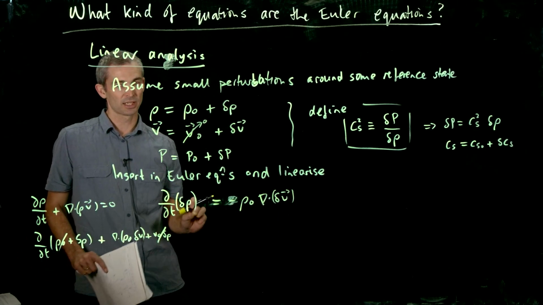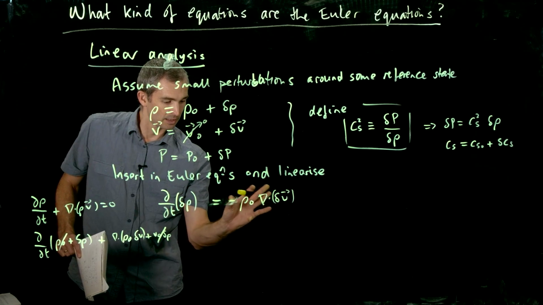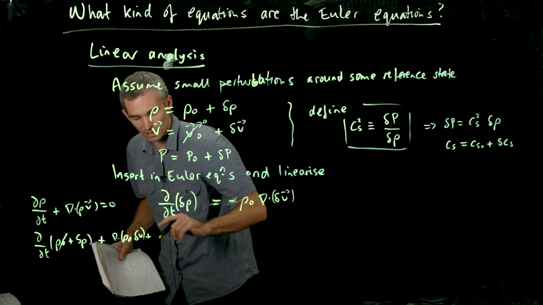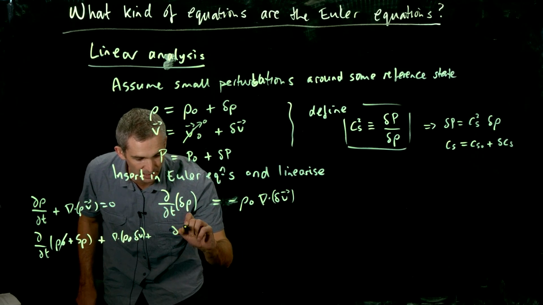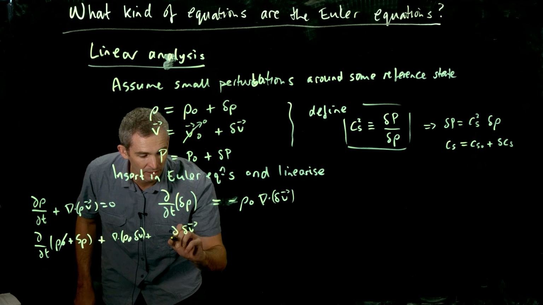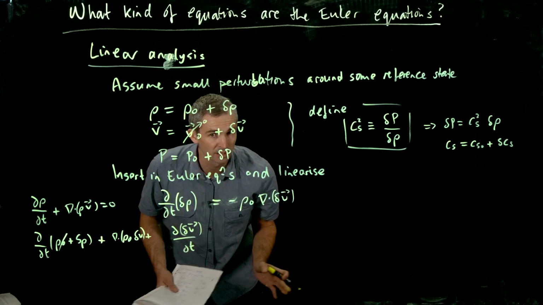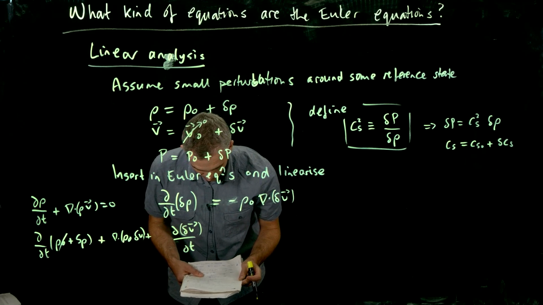All right, so that's our linearized continuity equation. We've dropped terms of second order and higher. And we're going to do the same with the momentum equation. So same with the momentum equation, we just get d dt of delta v. Now we had a v dot grad v.